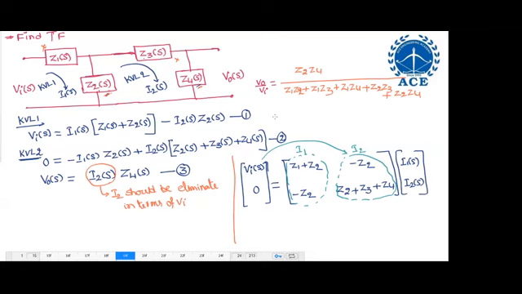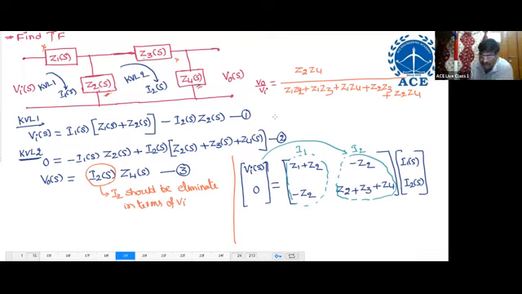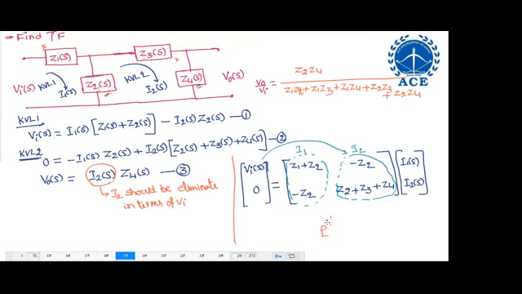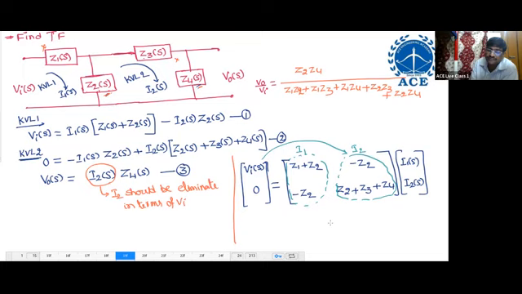The exponential term on the right side has e power plus, and that is unstable. Okay, sir. Clarified.